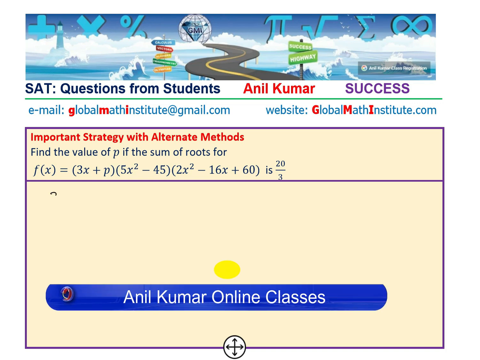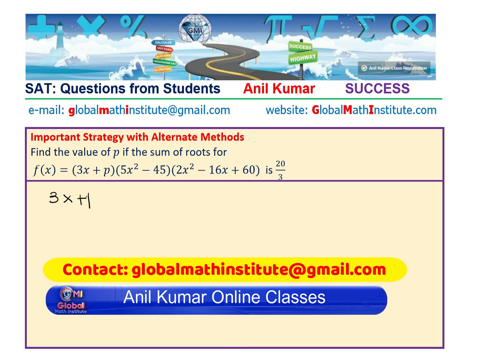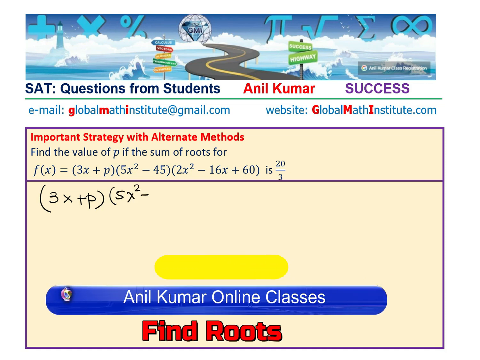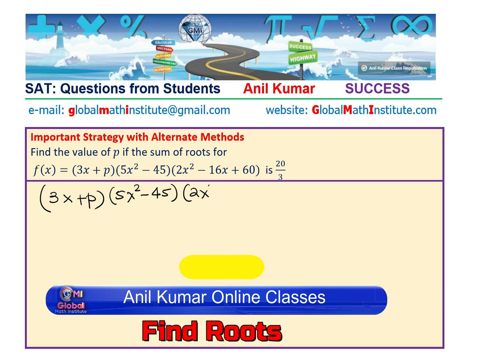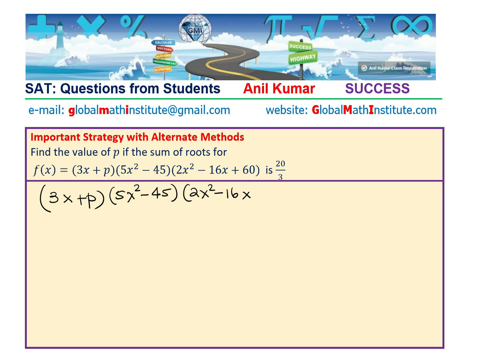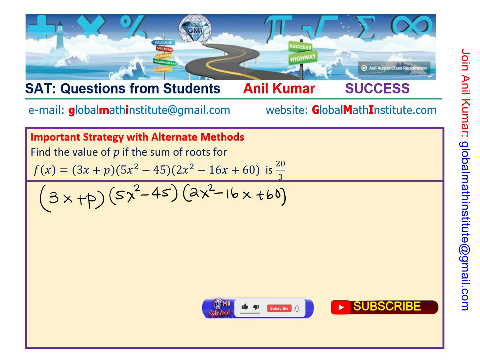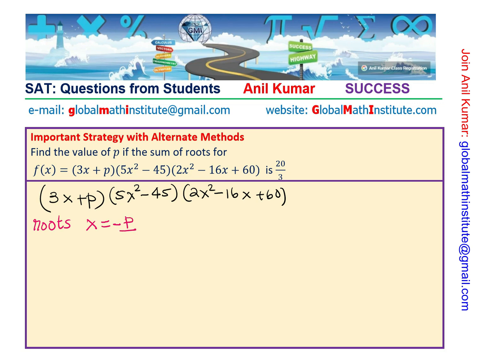So we are given (3x + p) times (5x² − 45) times (2x² − 16x + 60). Find roots. For the roots, we can say 3x + p means x is equal to minus p/3.